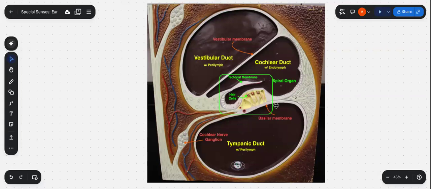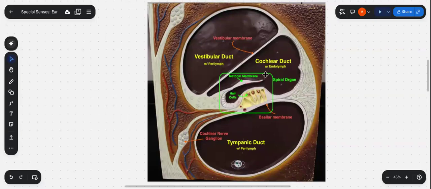At the bottom, you have your basilar membrane, which separates your cochlear and your tympanic duct. Again, in your tympanic duct, you have perilymph. And over here to the side, connecting to your hair cells, you have your cochlear nerve ganglion, which is this thicker circular bulb over here.